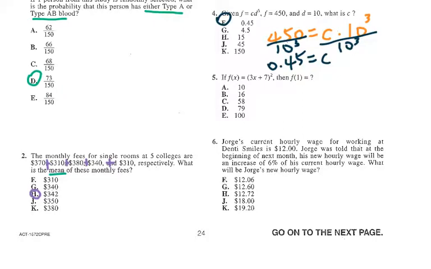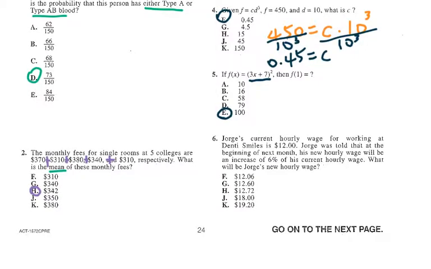For number 5, it's still a plug-in game. So I will plug 1 into this function. 3 times 1 plus 7 will be 10. 10 squared is 100. That's how you do number 5. And for number 6, we know for George, the new hourly wage will be increased by 6% of his current hourly wage.